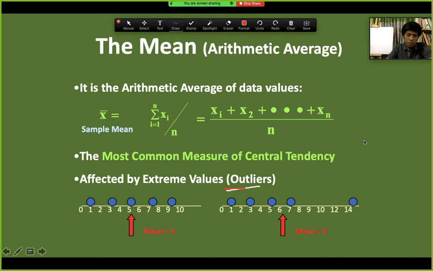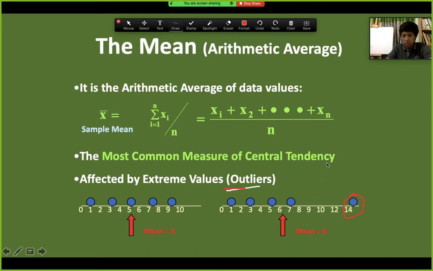Extreme value means when you have some value that comes all of a sudden. Here we have the example: 1, 3, 5, 7, these are the data, and all of a sudden you have a value 14. So this 14 will affect all this data very much.